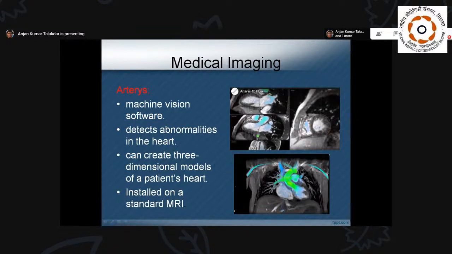They detect abnormalities in the heart and can also create a three-dimensional model of the patient's heart. This software is installed on a standard MRI machine. So you can even monitor the blood flow through the heart and everything. This is one application.